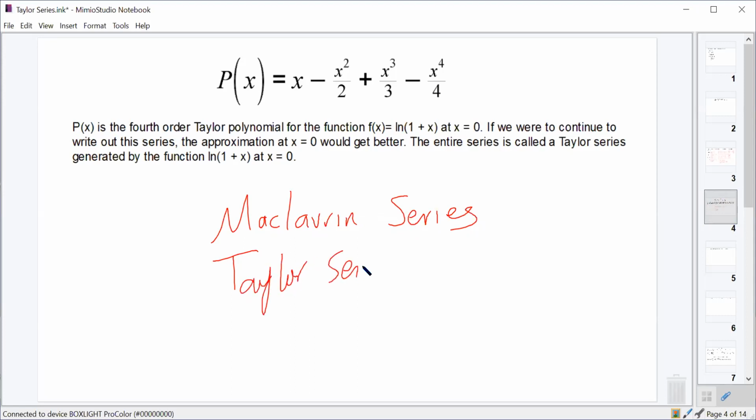And I may have this later on in the notes today, but I mention it now. A Maclaurin series is a Taylor series at 0. An important thing to note, because sometimes on the AP test in the free response questions, they will specifically say a Maclaurin series, and then they won't tell you where to center it. And so you'll need to know that a Maclaurin series is just a Taylor series at 0.